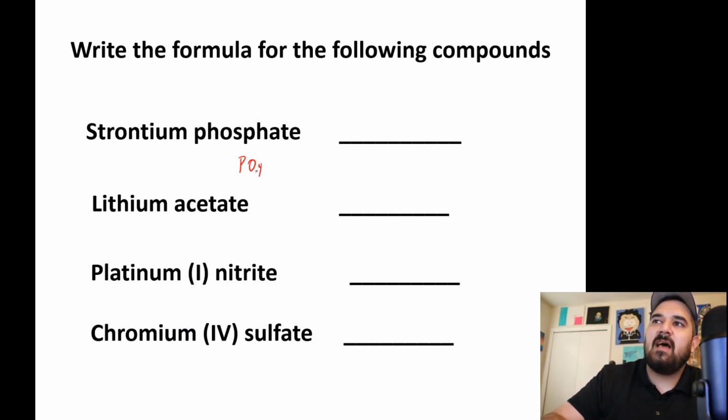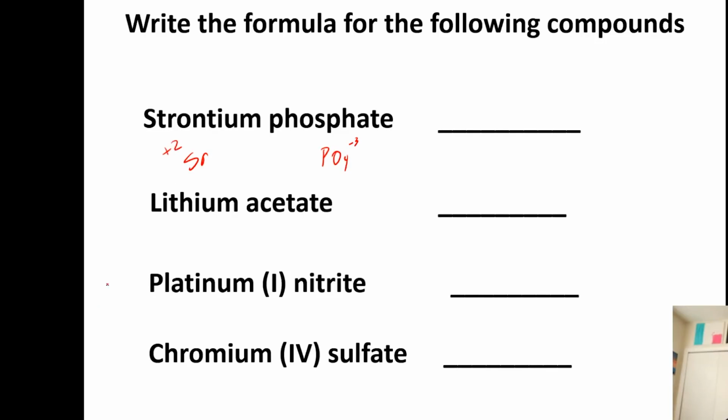What this means is we have 4 oxygens bonded to 1 phosphorus, and then it's got a charge of -3. So this whole thing has a charge of -3. And let's find strontium. Strontium, I believe, is group 2. Yes, it is. So strontium has a +2 charge.